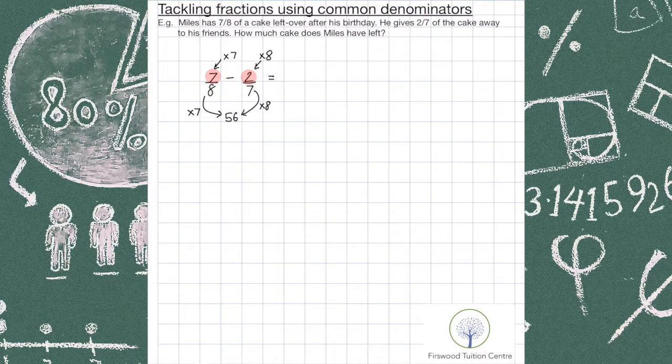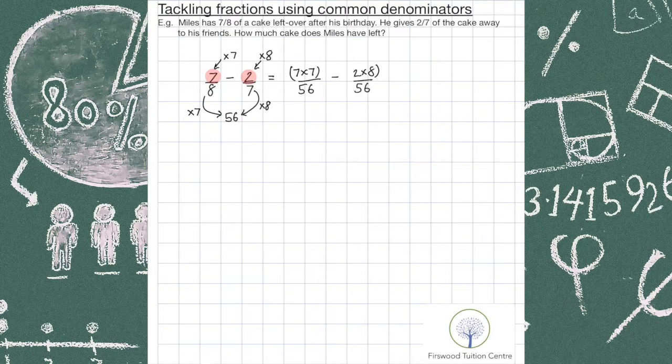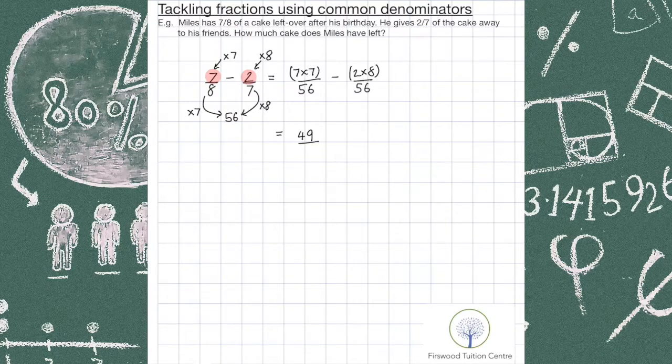And we can now rewrite our fractions using these multiples. So we start off by writing out our denominators, which are 56, and we fill in the top numerators with these multiplications. We can now once again rewrite the fractions, working out the multiplications on the top. 7 times 7 will give us 49.